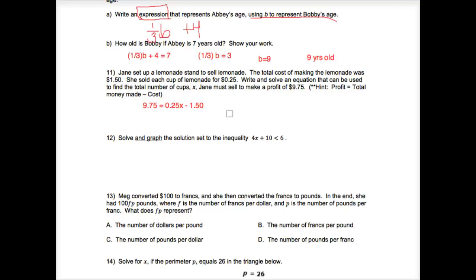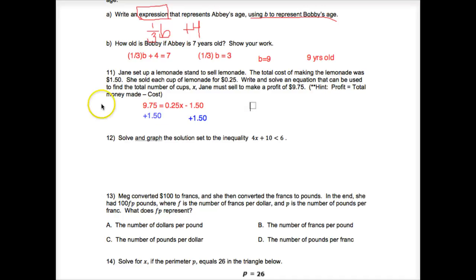To solve the equation, the first thing that I need to do is to add $1.50 to both sides. And then same thing on the other side, plus 150.